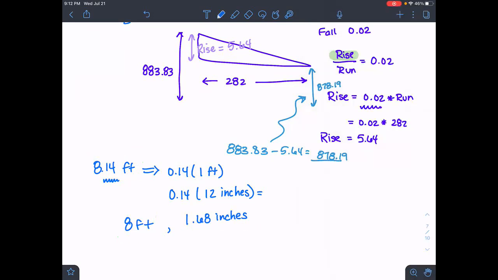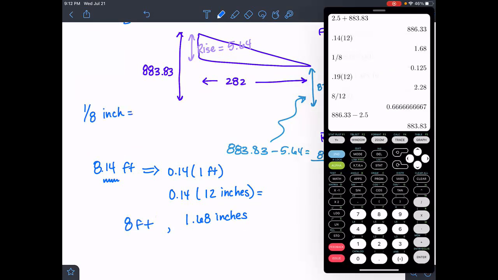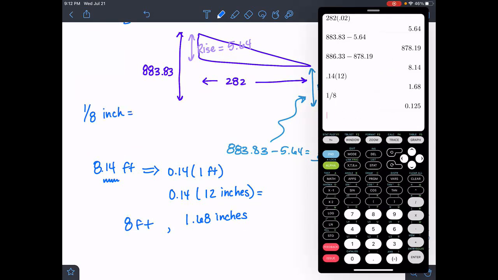And so when it's asking you to calculate it to 1/8 of an inch, 1/8 of an inch is 0.125 inches. So it's asking you to make this final inches value as close to the nearest 1/8 of an inch.